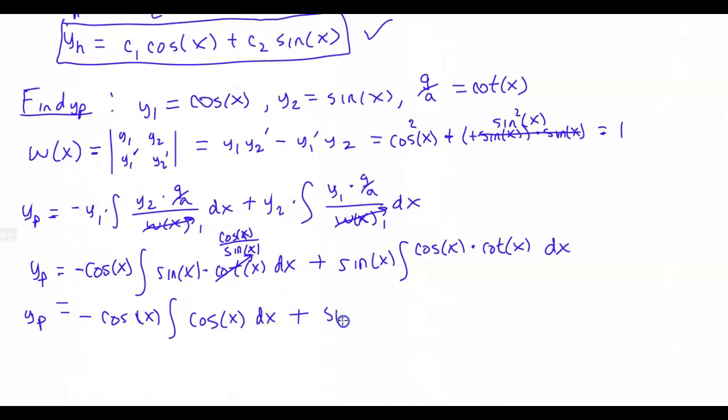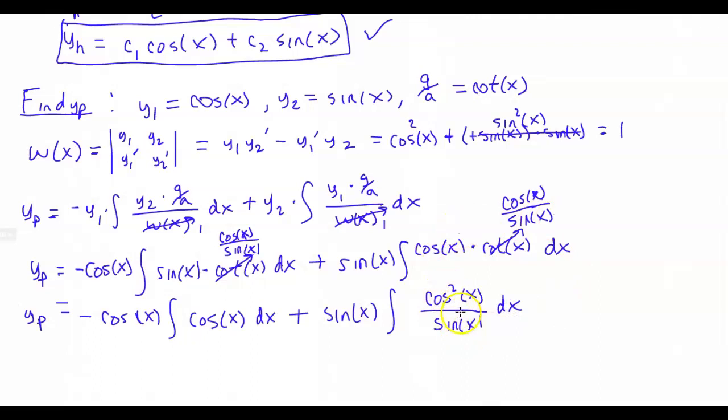The second term we'll have sine of x times integral of, again, this is cosine x over sine x. And so this ends up being cosine squared over sine.